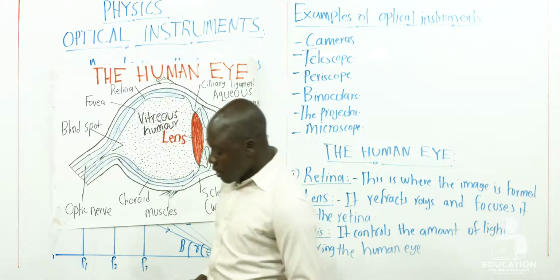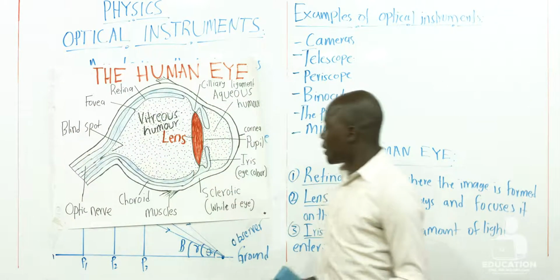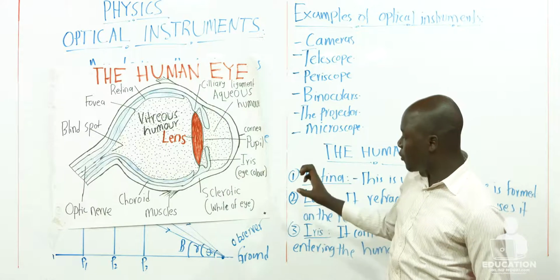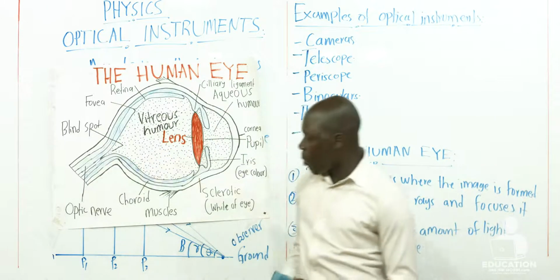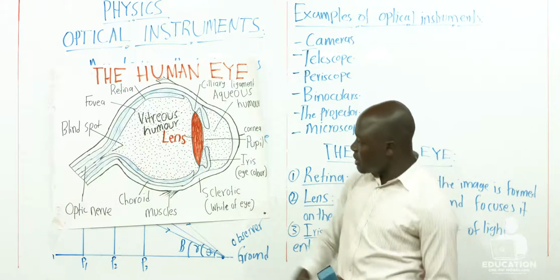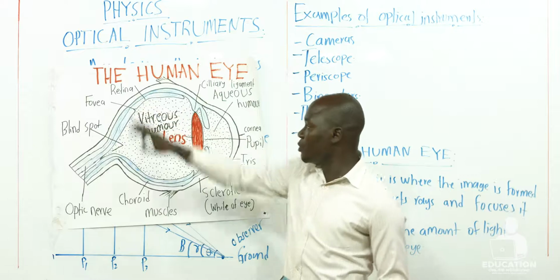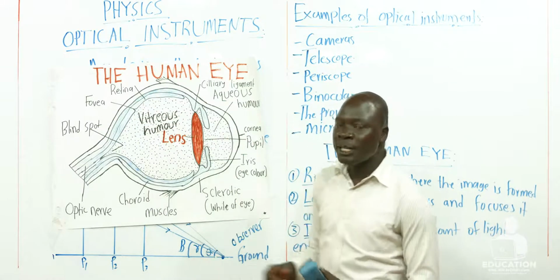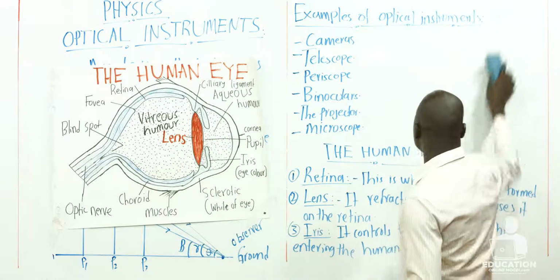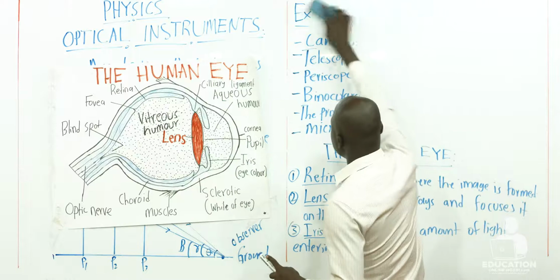So, dear learners, let's also look at another part that is still of importance that we have to concentrate on in our lesson. We are going to look at the optic nerve, because once the image has been formed on the retina, the image is not going to remain on the retina. The image has to be sent to the brain so that the brain can interpret what the eye has seen.